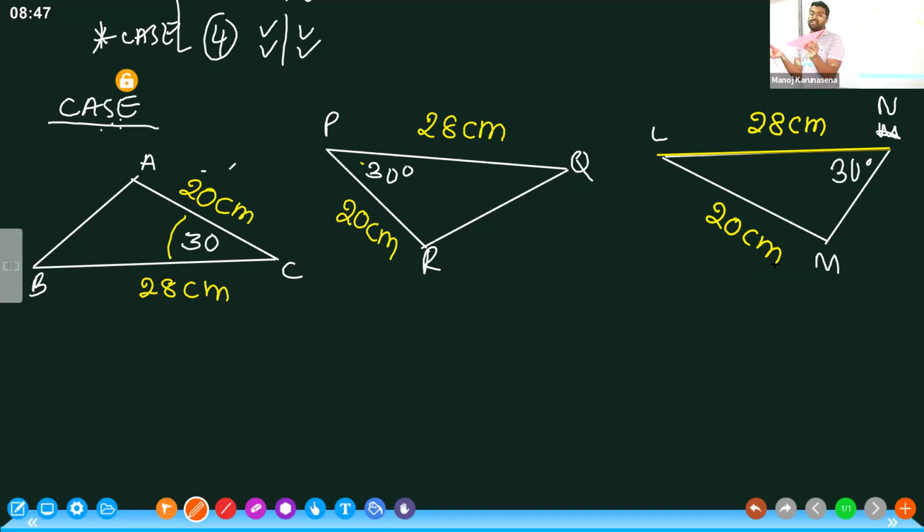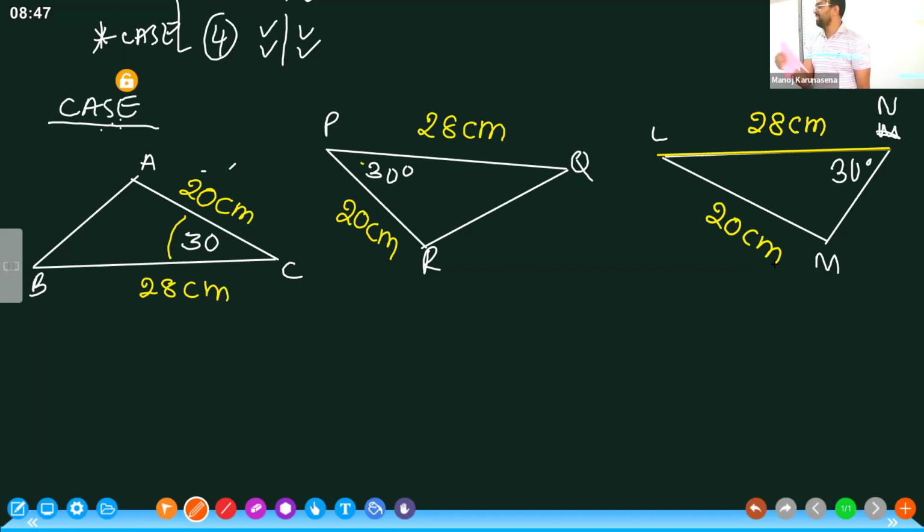All these three triangles are having a side which the length is 20 centimeters as well. All these three triangles are having a 30 degree angle as well. Here 30, here 30, here 30. These three angles are equal and they coincide.